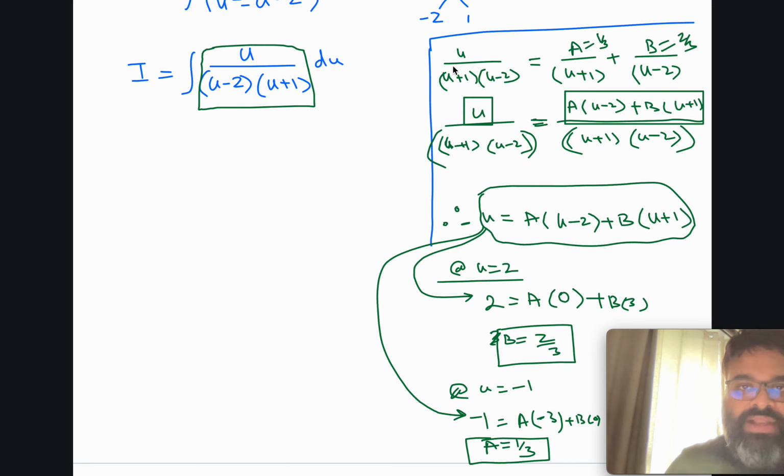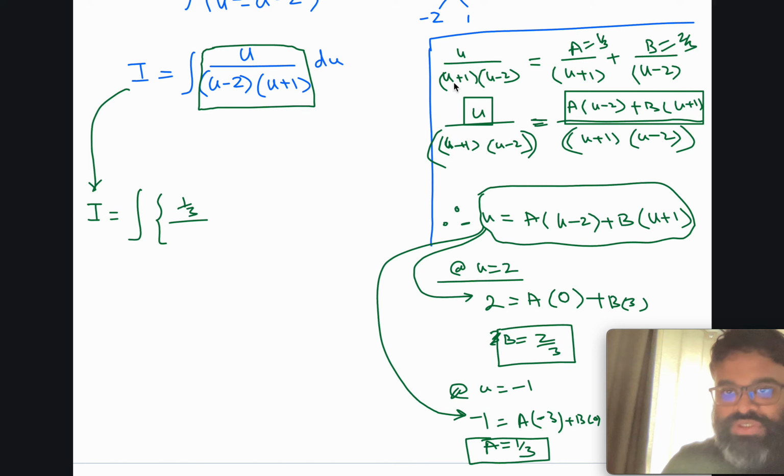So now all we have to do is write it down. I is equal to the integral of 1 over 3 times 1 over u plus 1, and 2 over 3 times 1 over u minus 2, du. Don't switch the factors; people do that a lot, so don't make those mistakes.